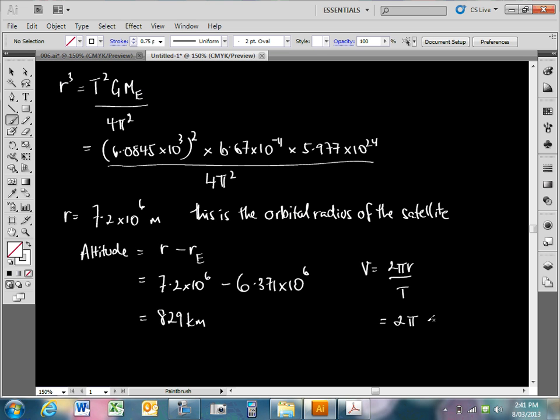Two pi radius, remember, that's the orbital radius to the center of the Earth we've got to use, times 10 to the 6, all over the period of the satellite, which was our time in seconds, 6.0845 by 10 to the 3 seconds.